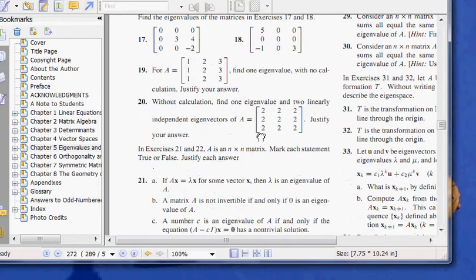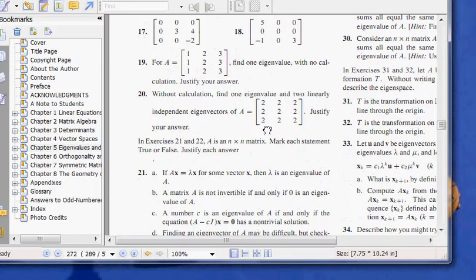Well, that's true. If 0 is an eigenvalue of A, that means 0 is along the diagonal because of Theorem 1. So this is in fact true. If 0 is an eigenvalue, then it must be along the diagonal.